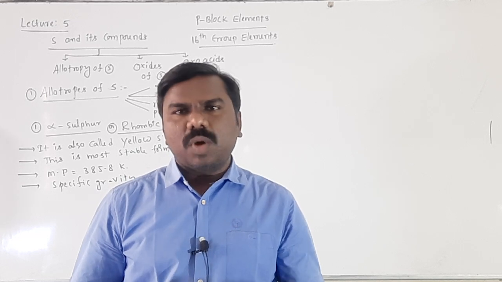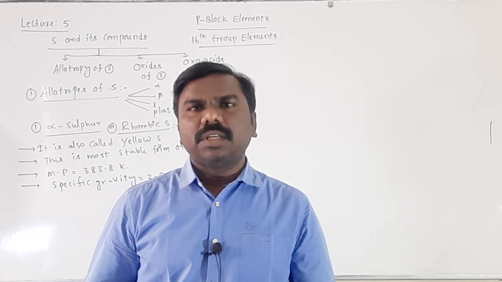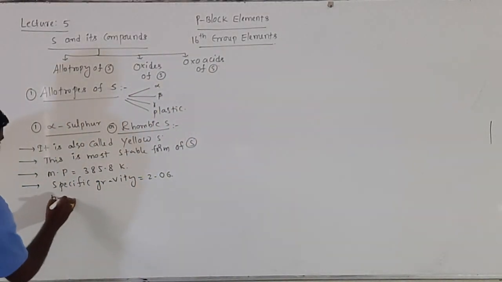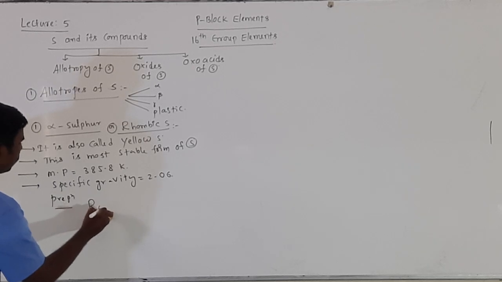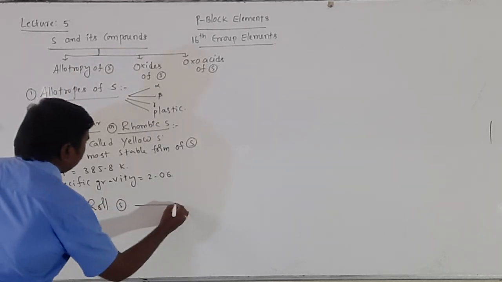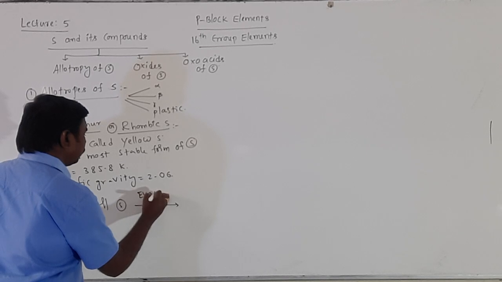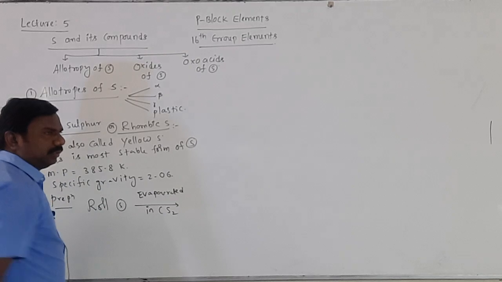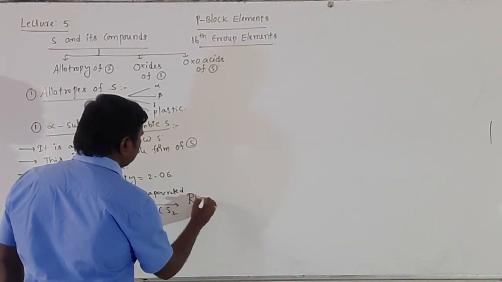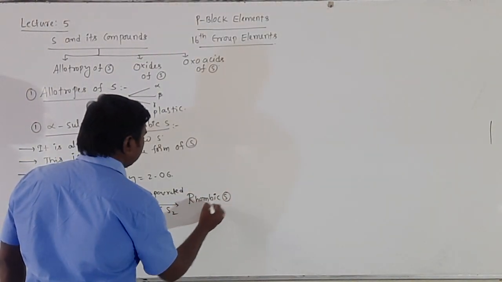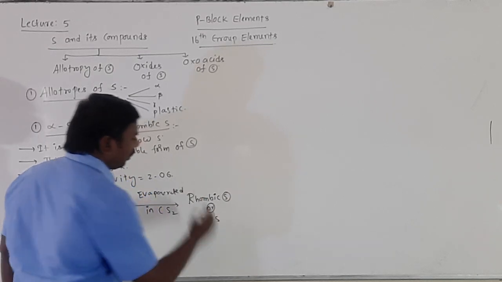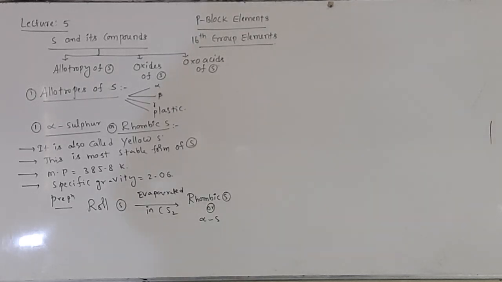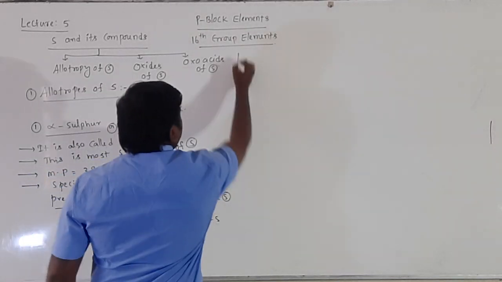Roll sulfur is one kind of sulfur, which is an allotropic modification of sulfur. Preparation: roll sulfur evaporated in carbon disulfide solution, then forms rhombic sulfur, nothing but alpha sulfur. This is the preparation.